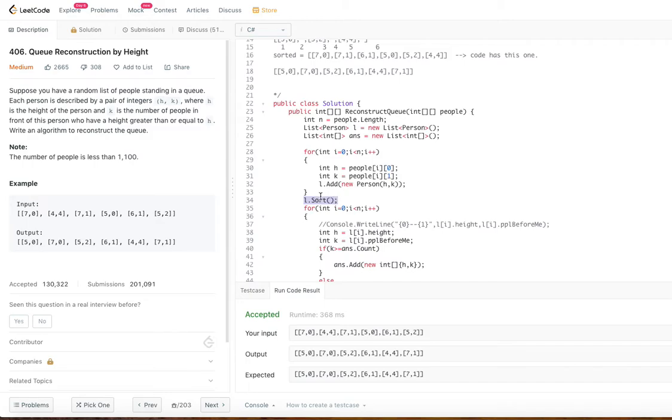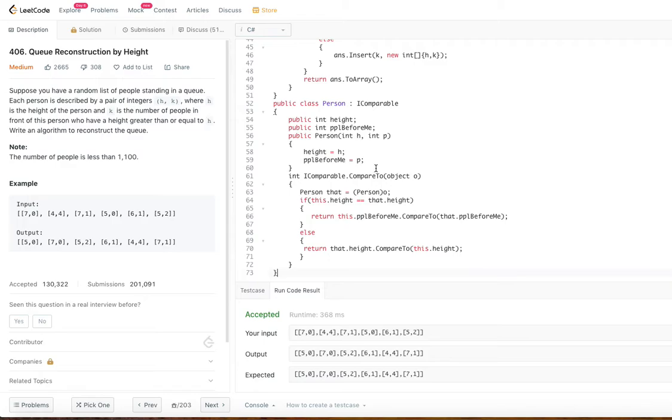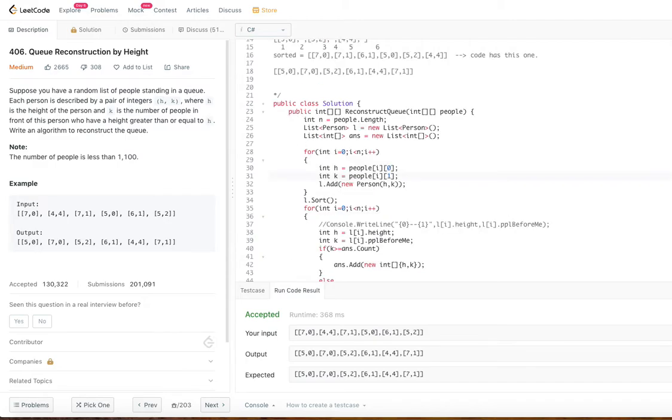When you sort, it uses the IComparable compareTo method, so the sort is done based on the height and number of people before me. Now that we have sorted, the sorted order is this, and from this we come up with this answer.